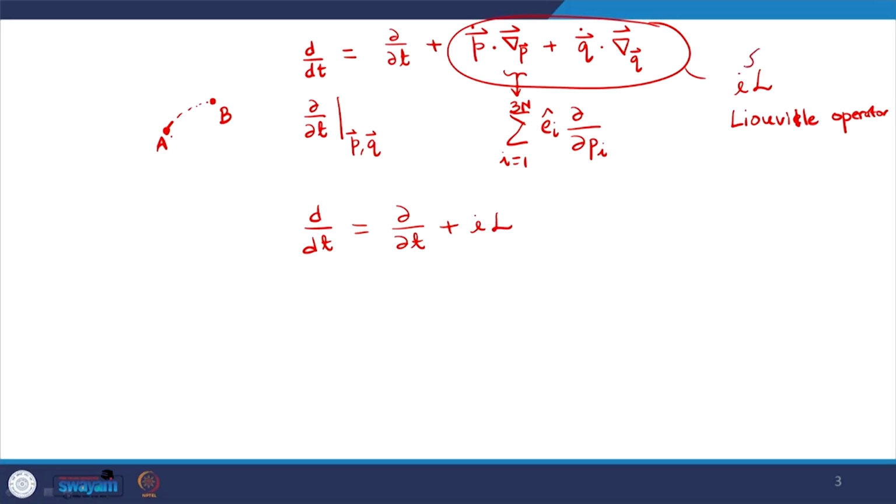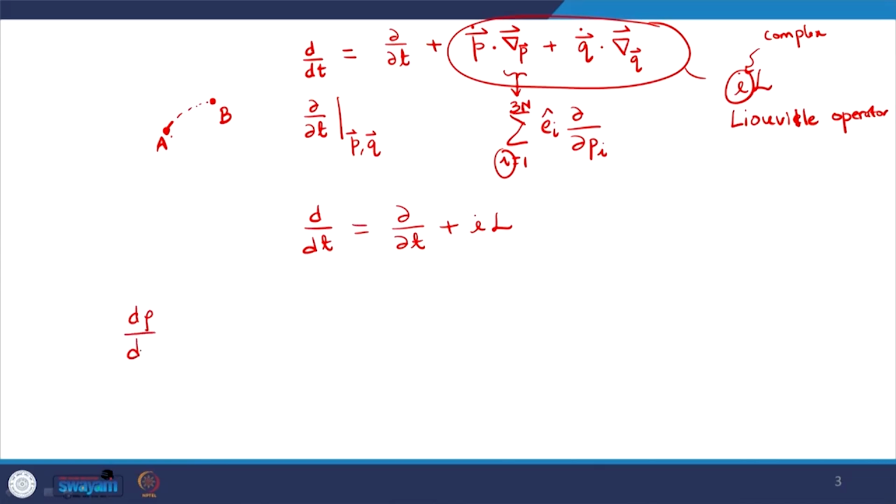By the way, this is the complex i, and this i is not the same as that i. That i was an index ranging from 1 to 3n, and this i right here is the complex i. So, i squared is equal to -1. So, that means since Liouville's theorem says that d rho by dt is equal to 0, what we have is del rho by del t is equal to minus iL rho, right.